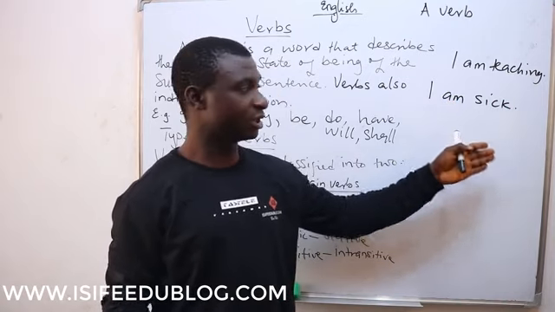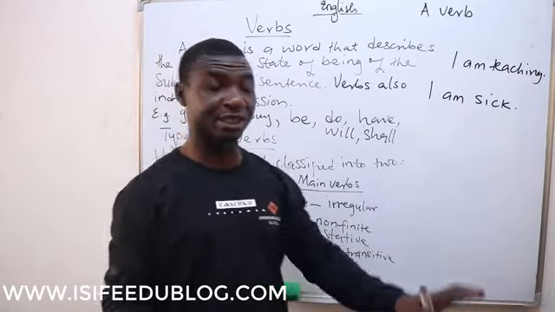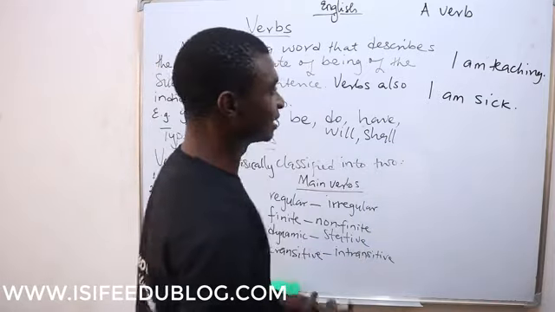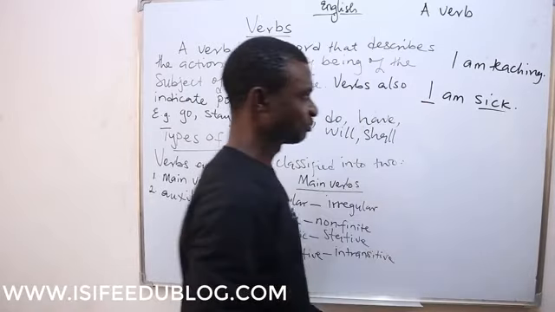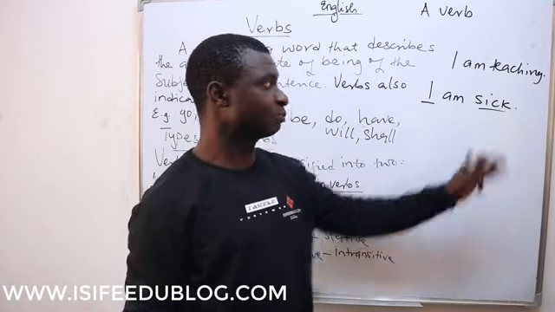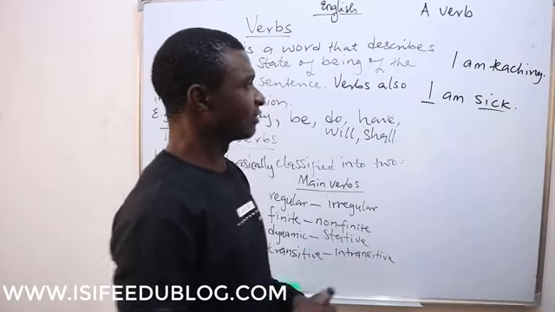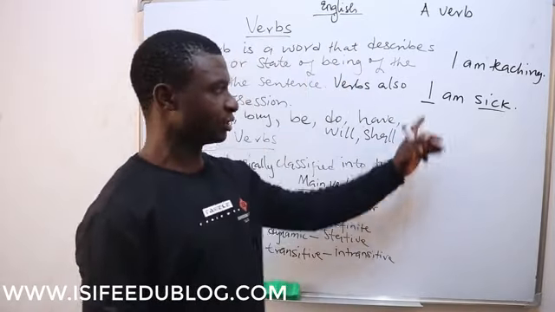Am originally is an auxiliary verb, but in sentences like this, it becomes a main verb where it links the subject and its complement. Sick is an adjective, not a verb. And so, we'll understand that in I am sick, no action is performed by the subject.